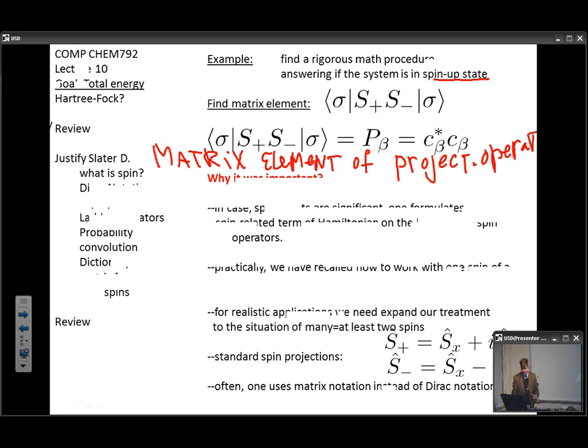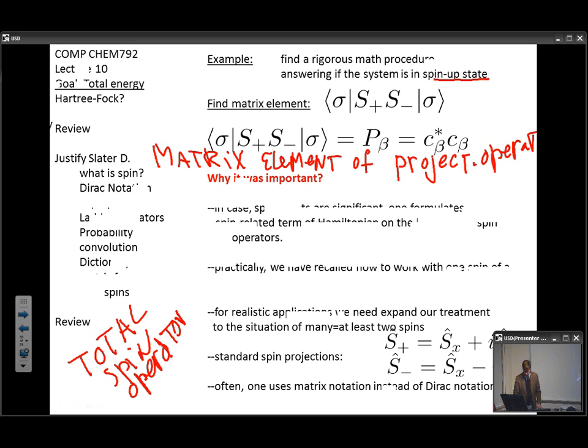And the total spin operator is also formulated in terms of the product of these raising and lowering operators.